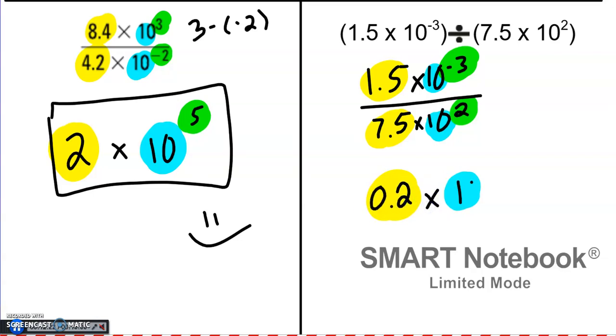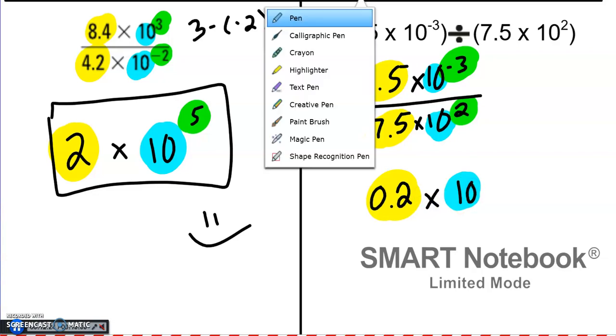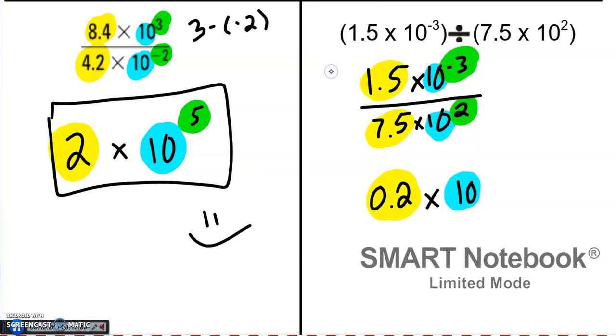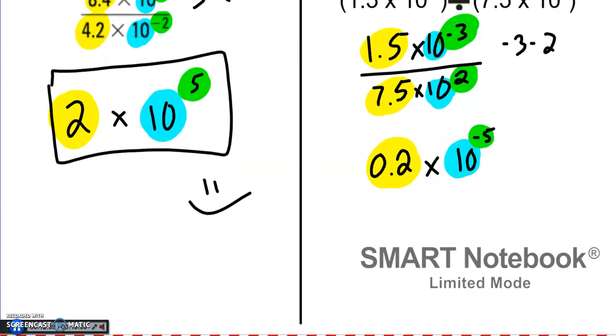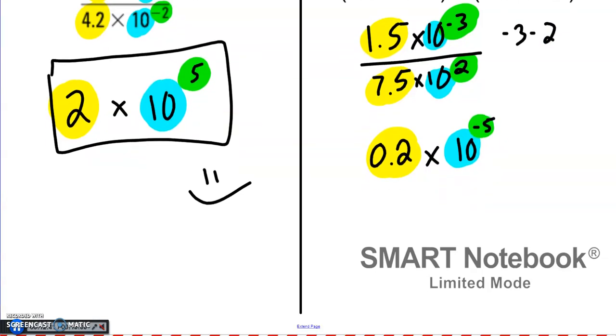I already see something that we're going to have to do, and I hope that you notice it as well. Our base is still 10, and we have negative 3 minus 2. So we get negative 5. But now notice, I have 0.2 times 10 to the negative 5th. Is that written in scientific notation? No. So we need to move the decimal place once to the right-hand side.